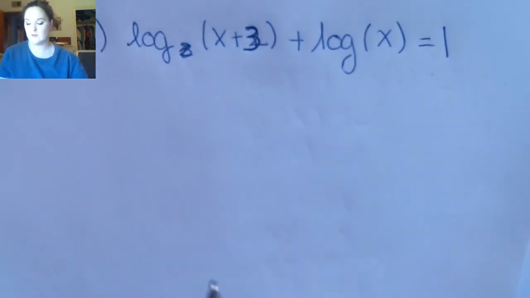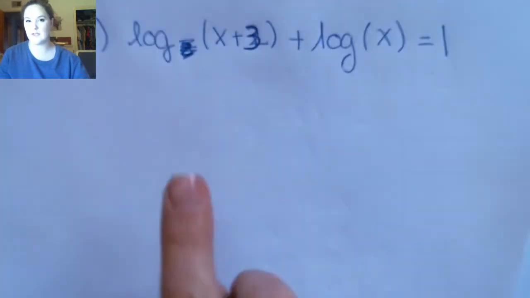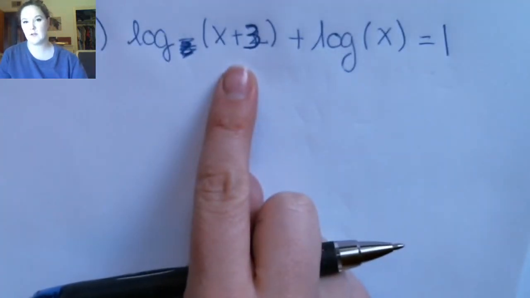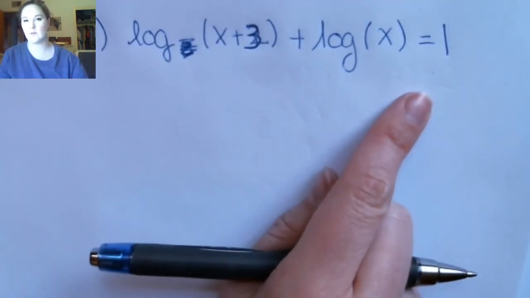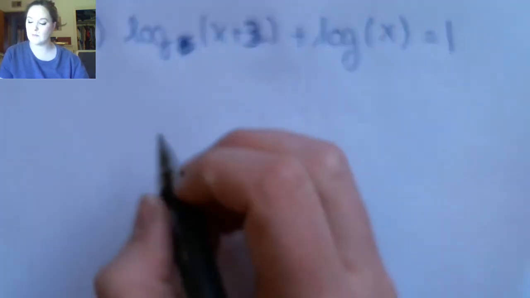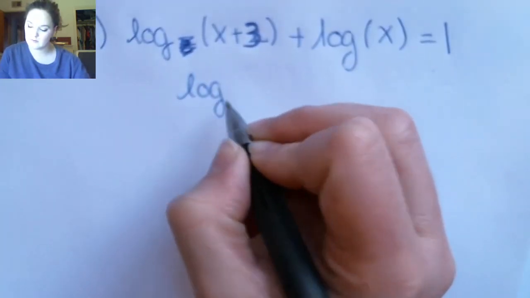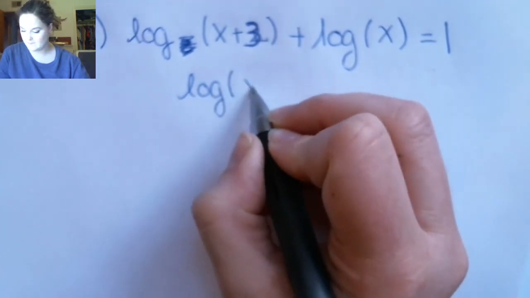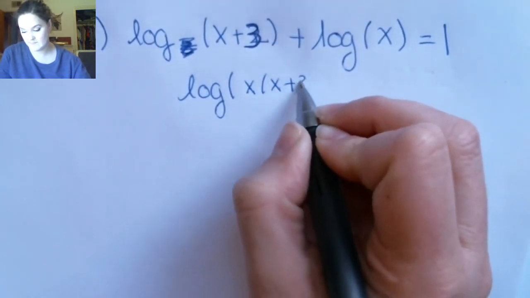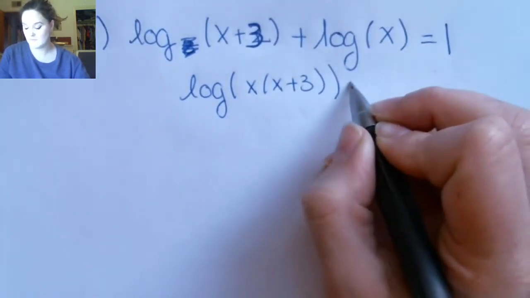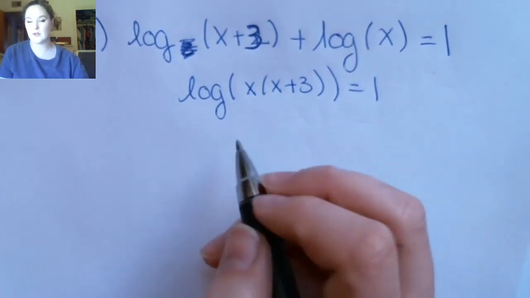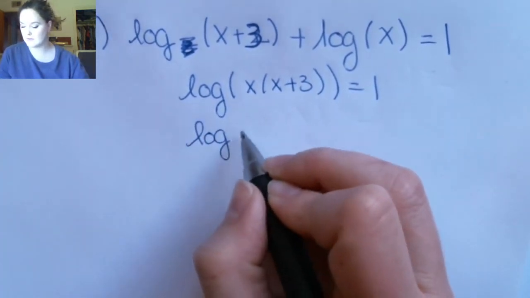Okay, so we have log base 10 of x plus 3 plus log base 10 of x equals 1. So we're going to combine these using the log rules. And now I'm actually going to go ahead and multiply this out.